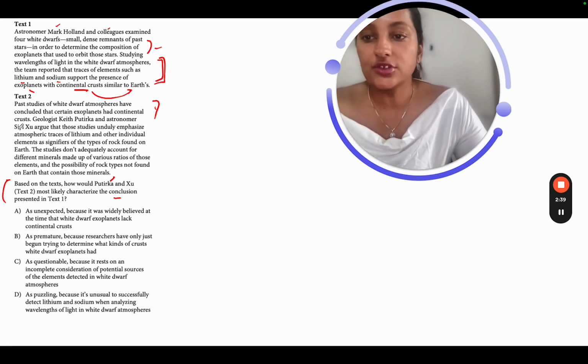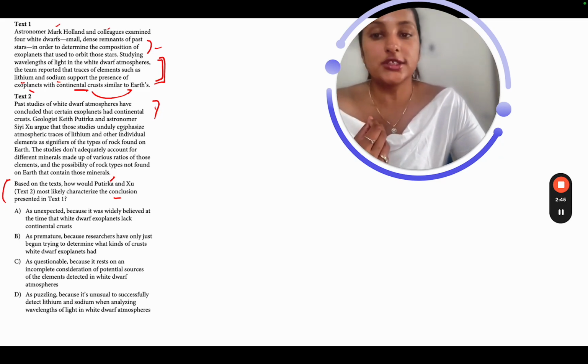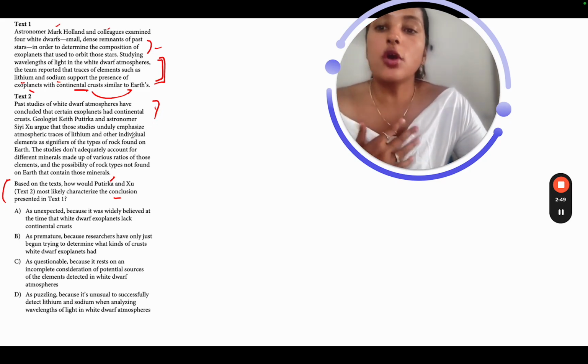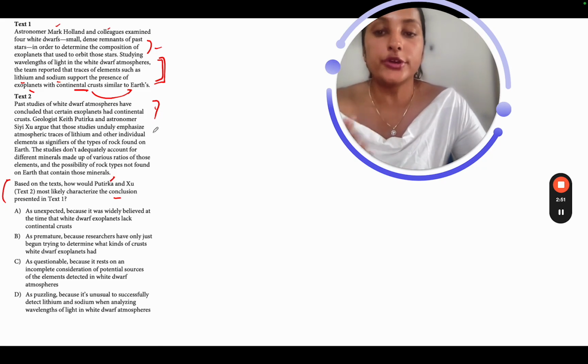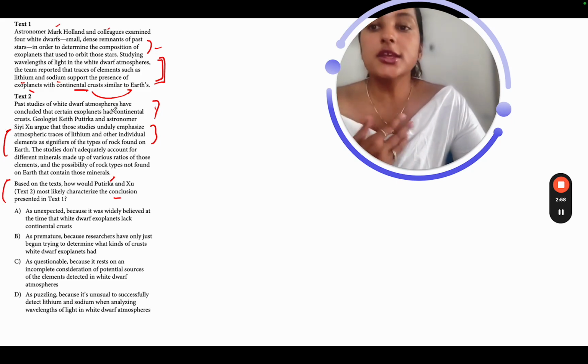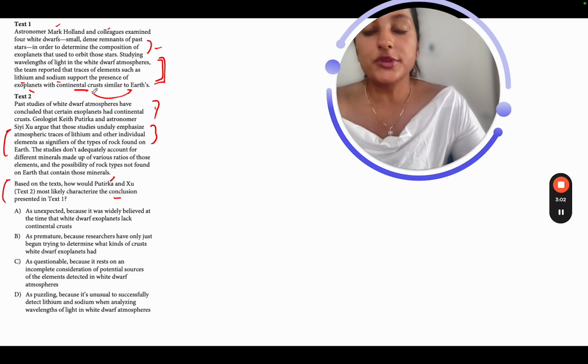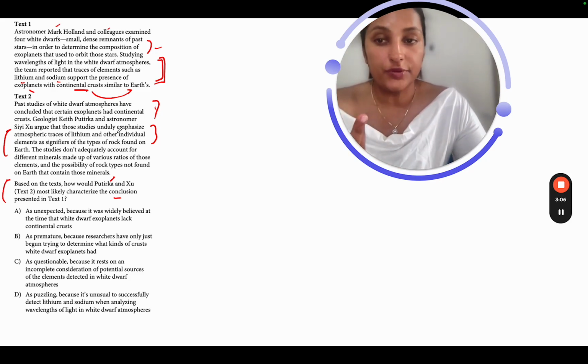Geologist K and astronomer X argue that those studies unduly emphasize atmospheric traces of lithium and other individual elements as signifiers of the types of rock found on Earth. So they don't really like the reasoning given in text 1 for the conclusion. The reasoning was basically the traces of elements that they were able to find, like lithium and sodium. They don't really support that kind of reasoning.